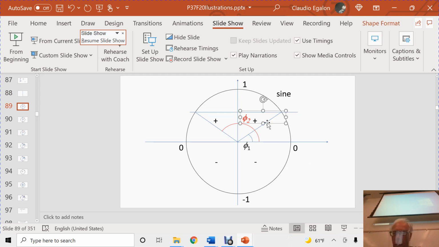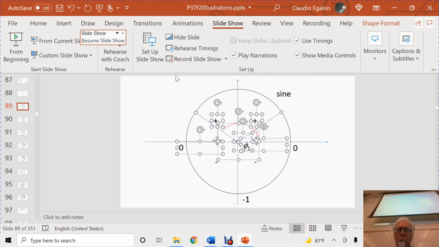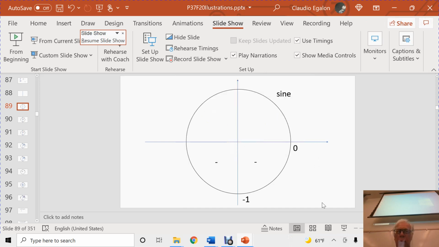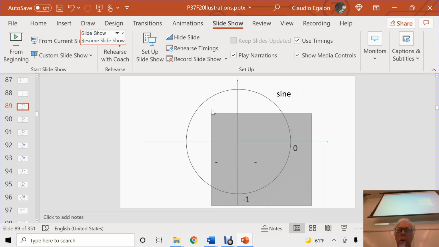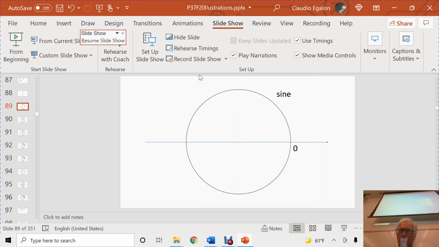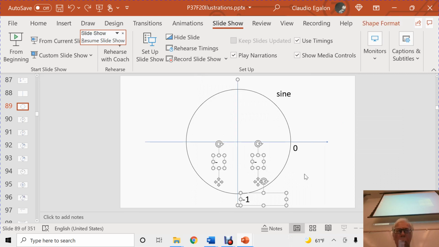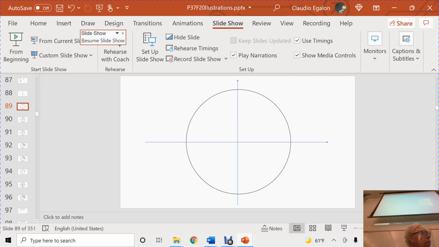Again, I don't want to overwhelm you, so I'm not going to put the sine yet. Sine is going to come later on. Okay, almost there, right? So here you go. First is this one, the x and y axis.